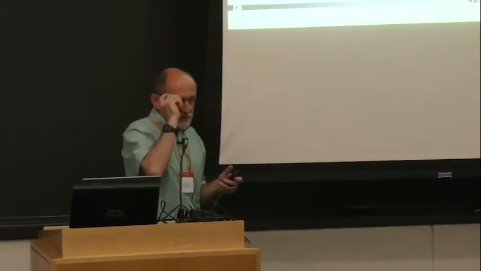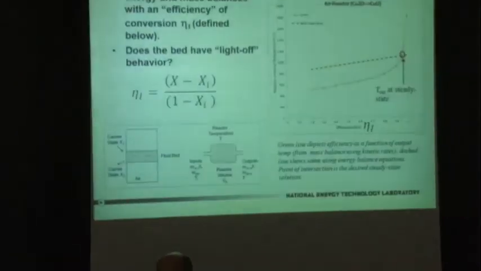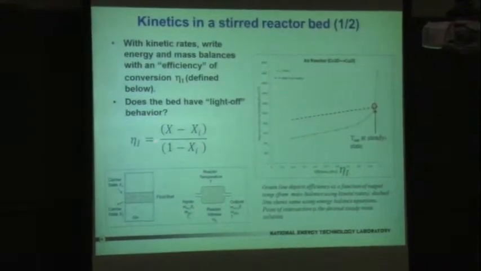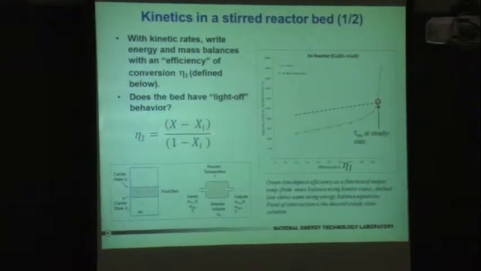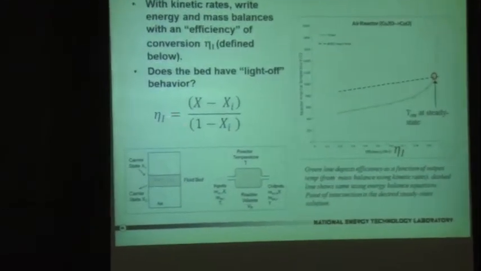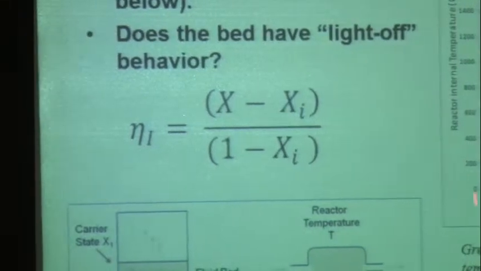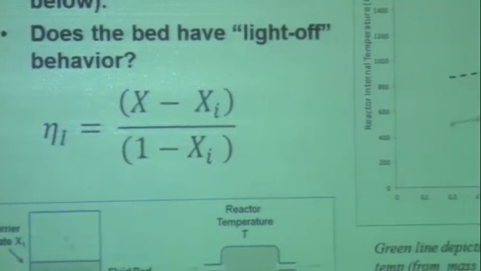All right, so having said these kinetics are pretty fast, and we've shown that they are, you can actually do this mathematically. You can put together a stirred reactor equation. You can write an efficiency expression. If you do stirred reactors, you probably recognize this: X minus the initial conversion going into the reactor. And you can plot this efficiency, the extent of conversion, on one axis, and the internal temperature of the reactor.